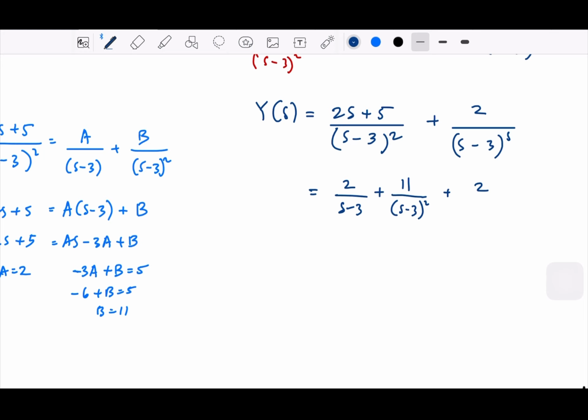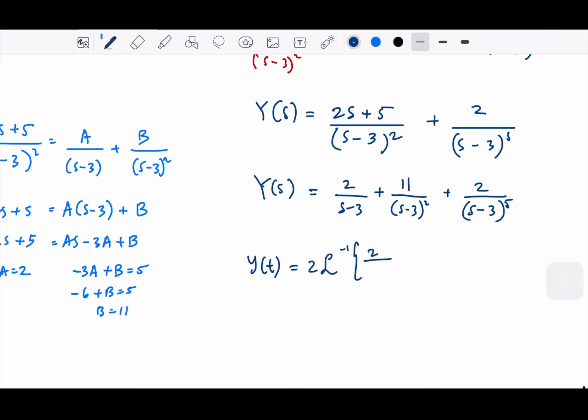And then plus 2 over s minus 3 with power of 5. Now taking the small y, meaning we are going to take the Laplace inverse.